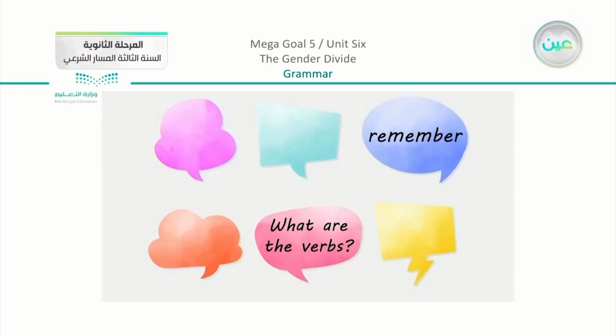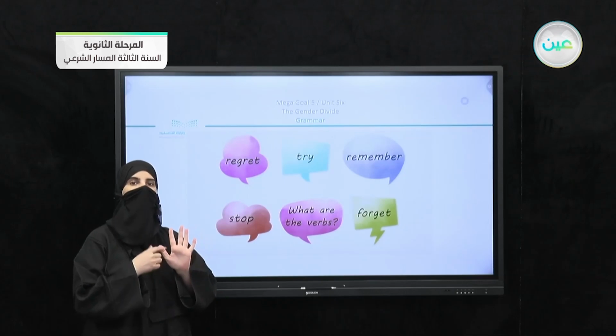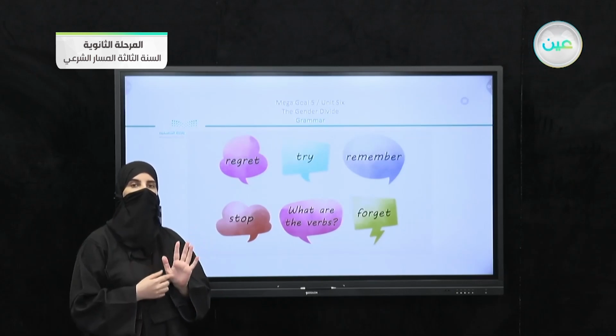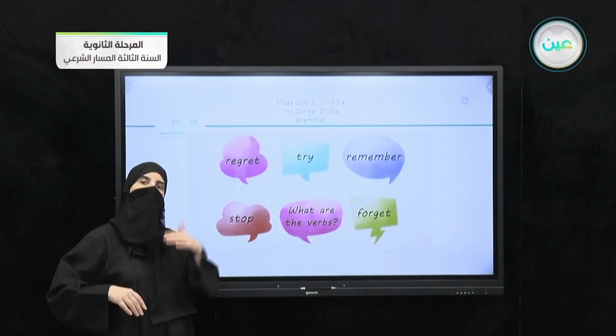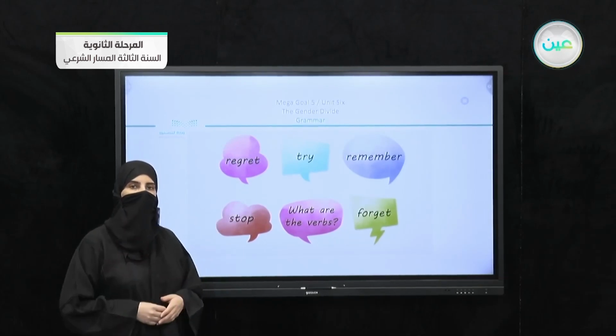We have remember, forget, try, regret, and stop. Now, bear in mind that we are going to focus on these 5 verbs that we have here. These 5 verbs do have a direct relation with either a gerund or an infinitive.